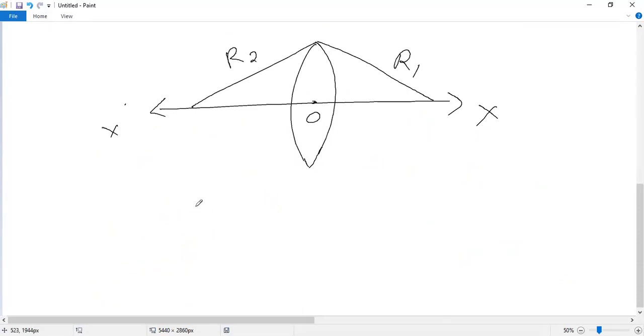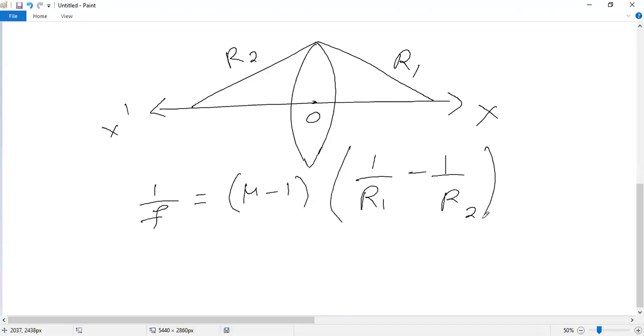What is the lens maker formula? 1 by f is equal to mu minus 1 into 1 by R1 minus 1 by R2. Now the sign convention. This is the formula.